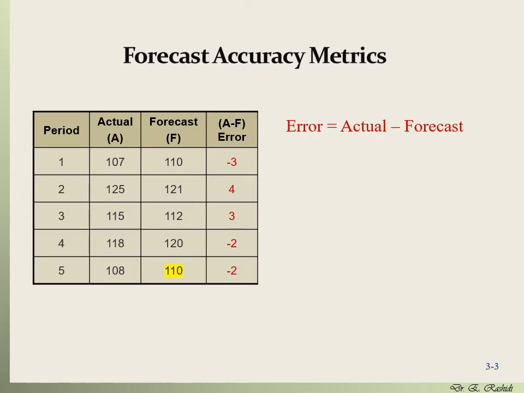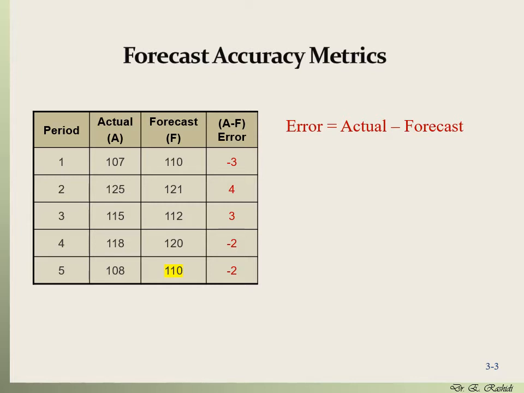Because we know that forecasts are generally wrong, we need to know their accuracy level, so that when we use it in the future, we know how much off they would be, how inaccurate or how accurate we have to expect them to be.